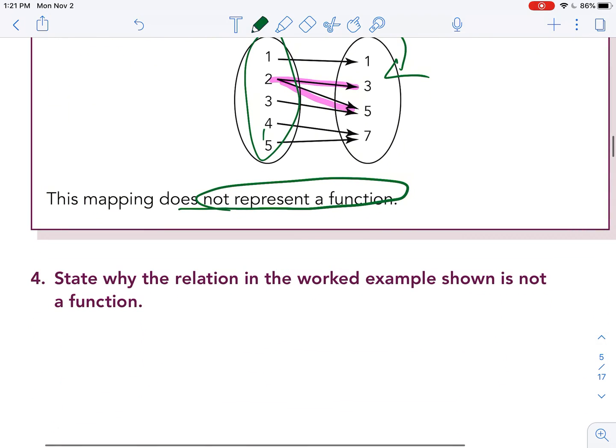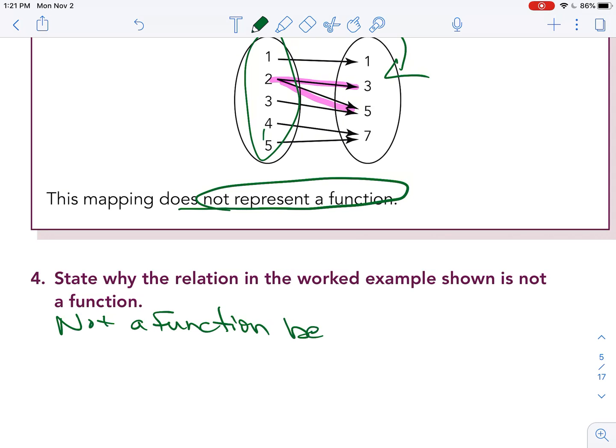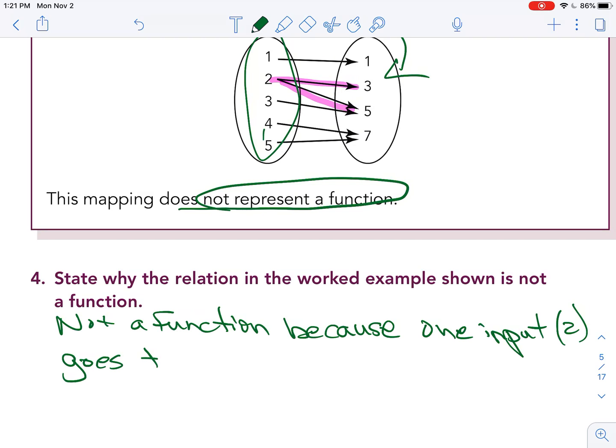So this is not a function, because one input, the number 2, goes to 2 outputs, 3 and 5.